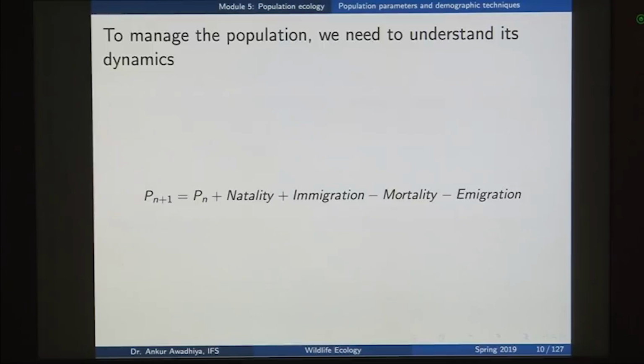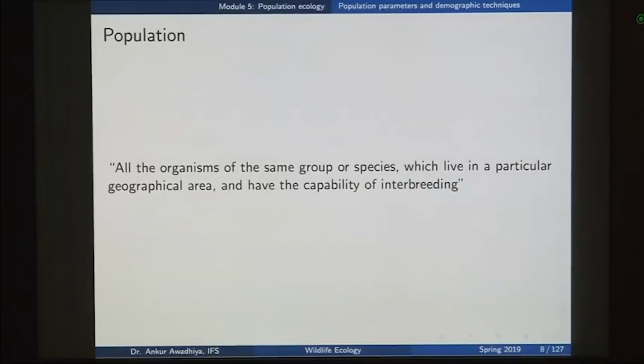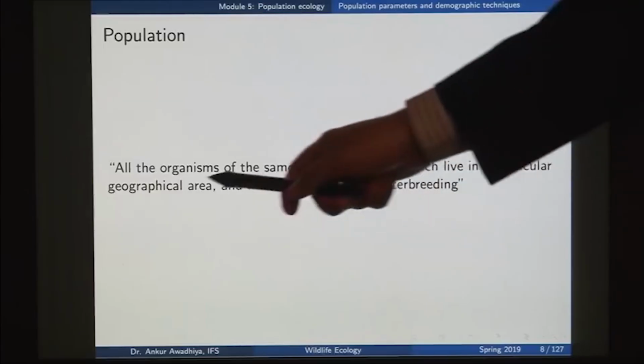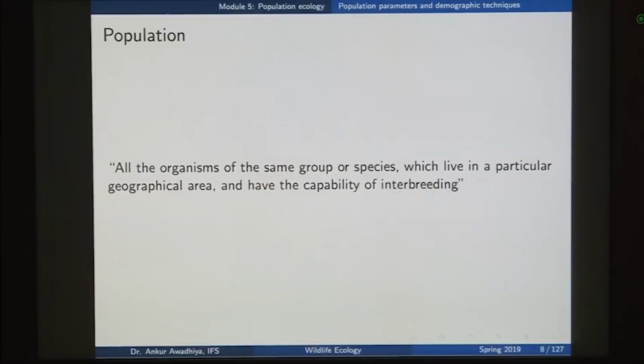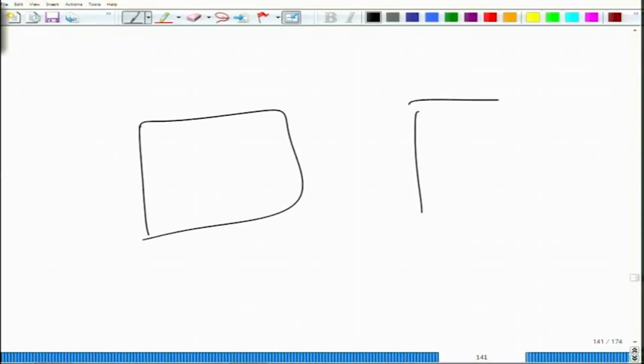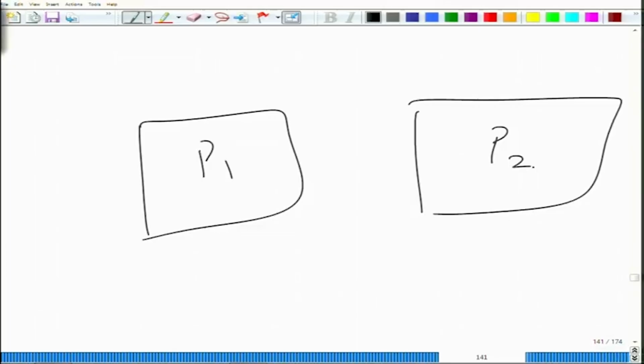Now, if you look at the definition of population again, here we have: which live in a particular geographical area. Now, if we have say 2 populations, a population called P1 and a population called P2, and then there is some number of animals, say Pi, that move from the P1 area to the P2 area.